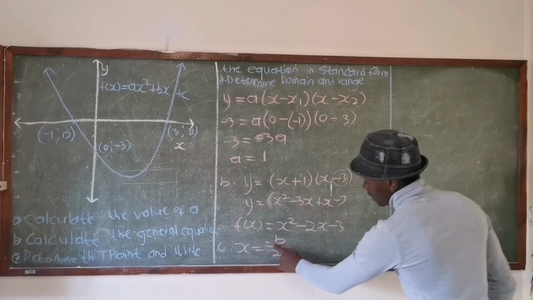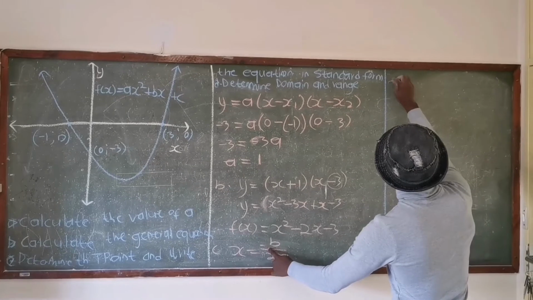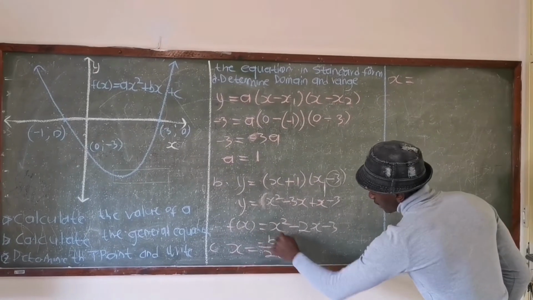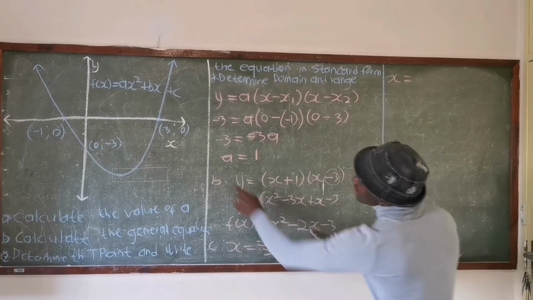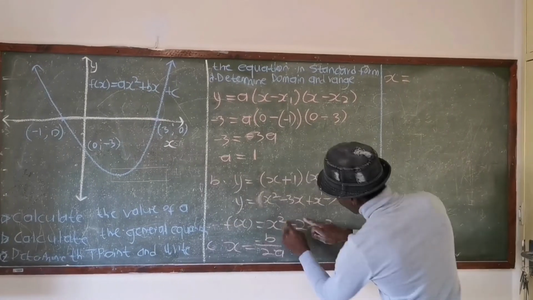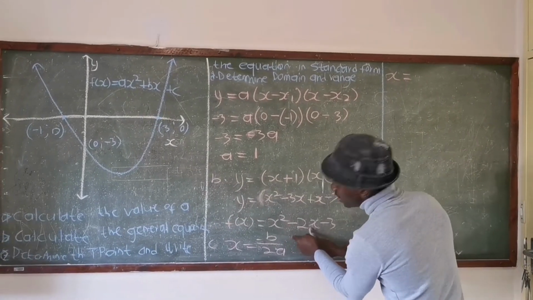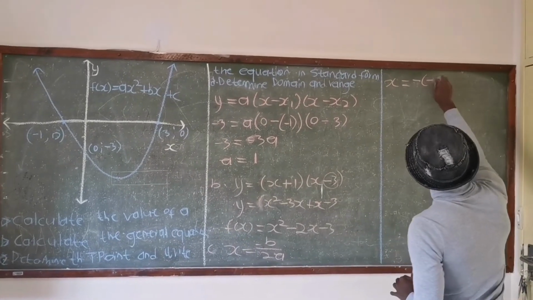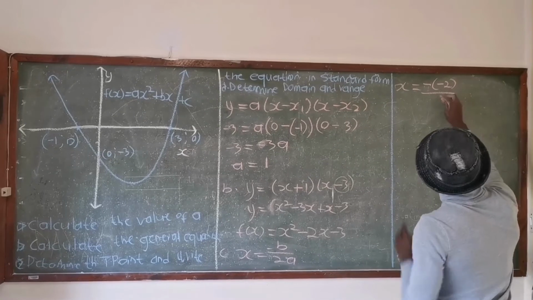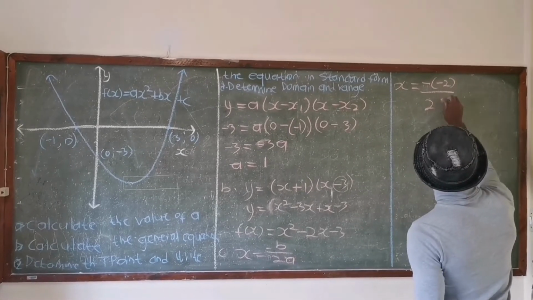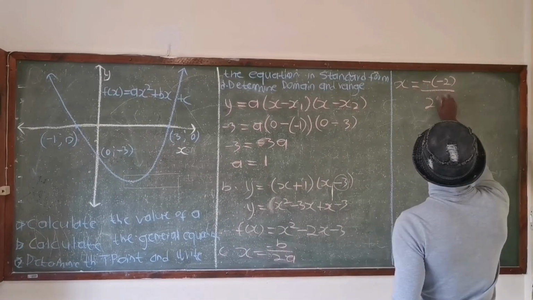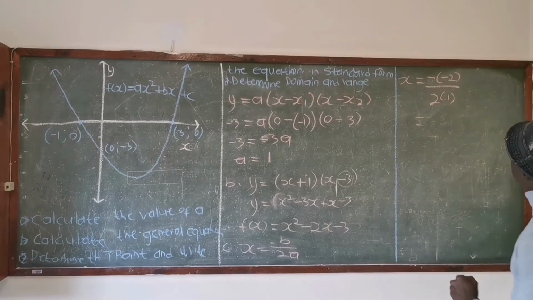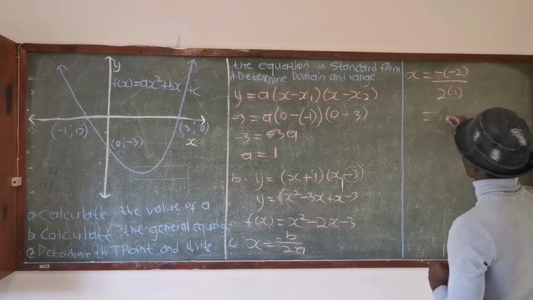As you can see, the b here is the negative 2 value here. So which means here we're going to say negative into negative 2, divided by 2 into our a, which is 1, into 1. So our final answer here, as you can see, is 1 again.